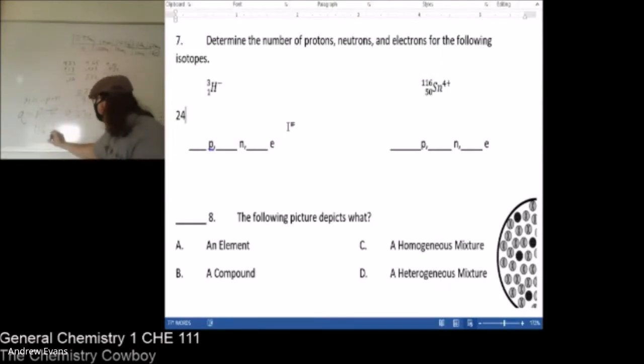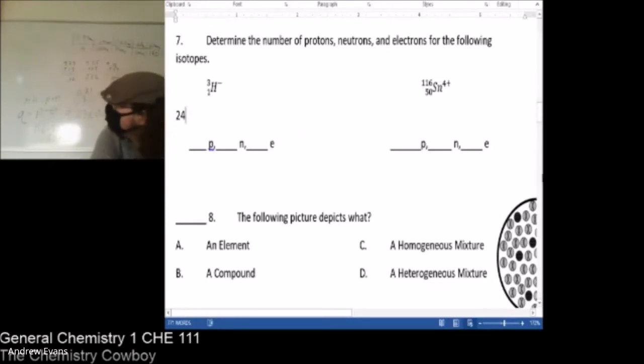And 50 minus X is equal to 4, so the electrons must be 46. Feel free to do this on a calculator. You don't have to do this in your head just because I'm doing it in my head. I'm trying to save a few seconds.